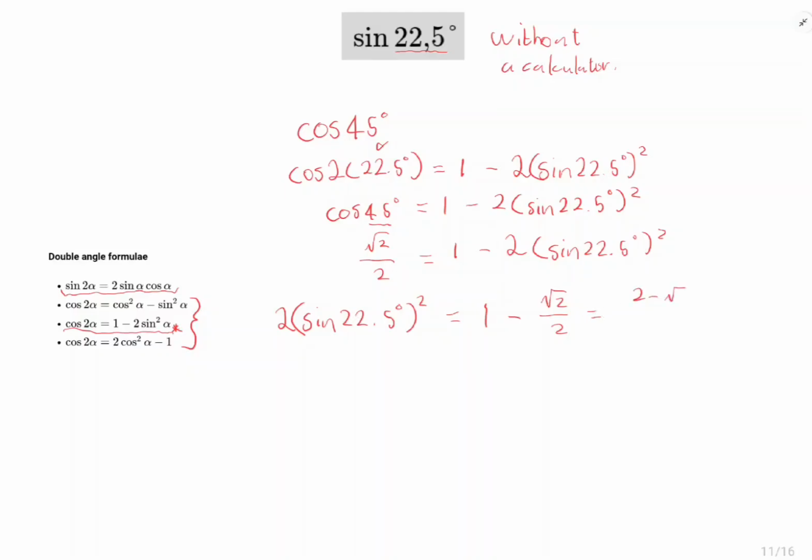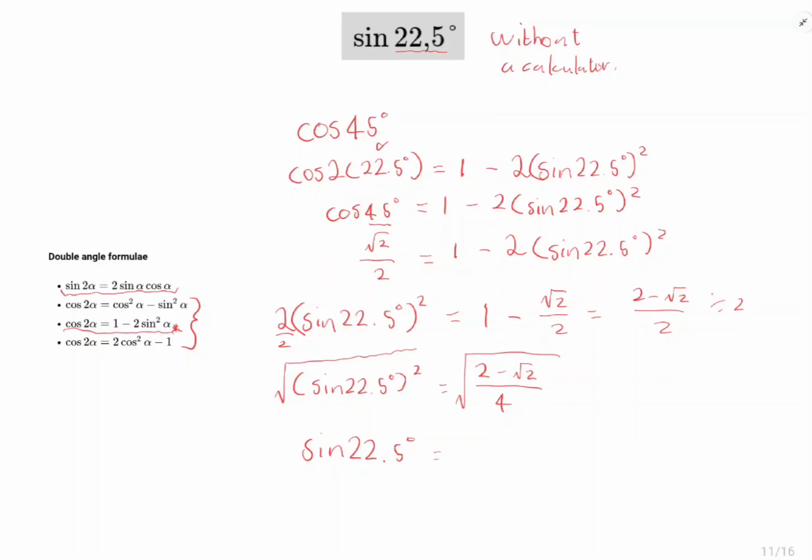So it's going to be 2 minus square root of 2 divided by 2, right? And so if we divide by 2 over here, we end up with sine squared 22.5 degrees equal to 2 minus square root 2 over 4. And when we take the square root of everything, because there is a square there and you want to remove that square by square rooting, you're going to be left with sine 22.5 degrees.